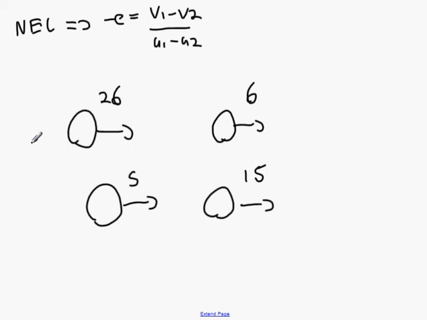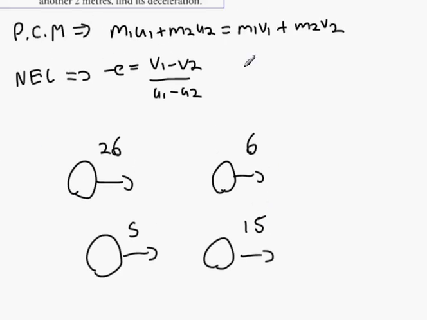Yeah, should be okay. Now, what happens is U1 is the velocity of particle 1 before collision. V1 is the velocity of it after the collision. U2 is the velocity of particle 2 before collision, and V2 is the velocity of particle 2 after the collision. So when we do U1 minus U2, it's going to be 26 minus 6.